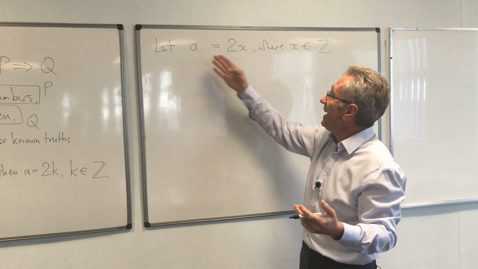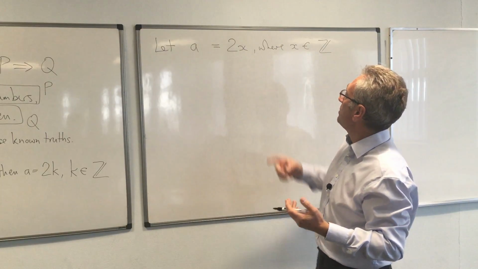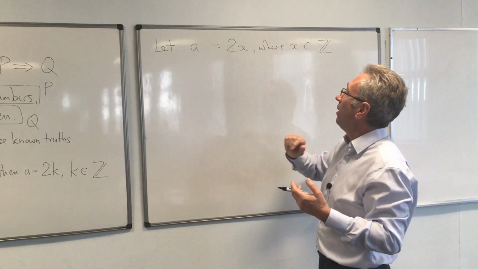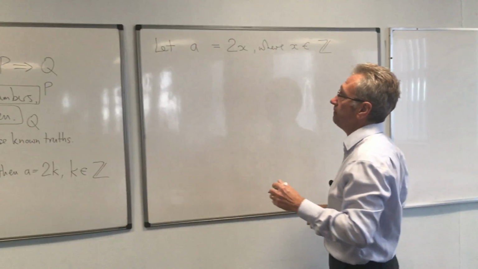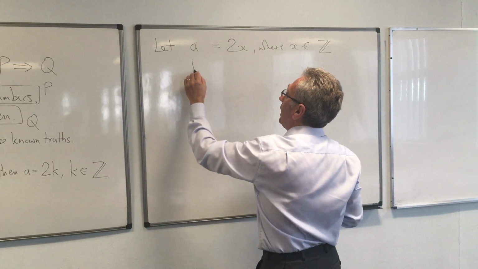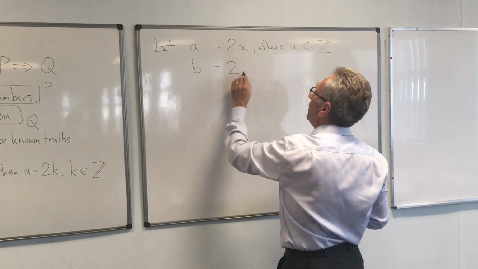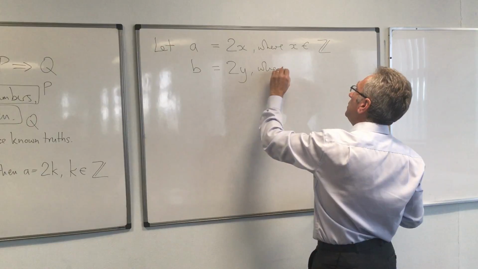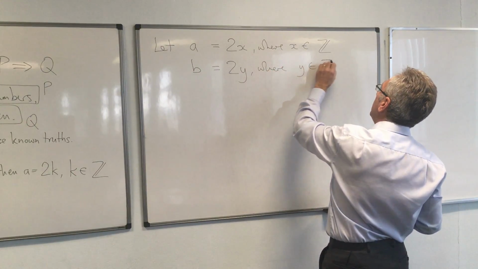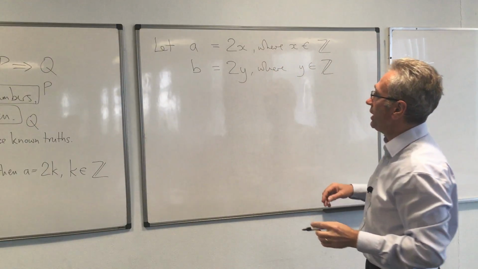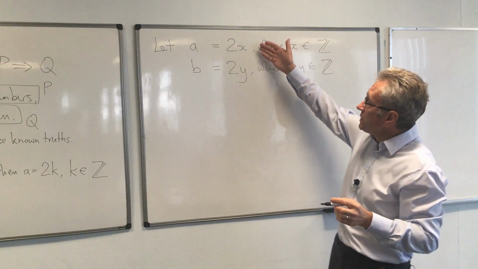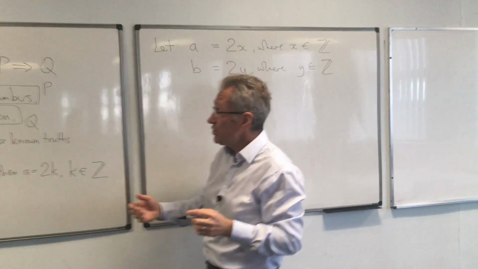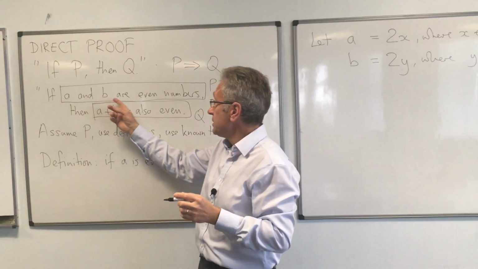So let's let A be written as 2 times x, where x is the appropriate member of the integer set for A. And let's also let B, the other even number, be 2 times y, where y is also a member of the integer set. Now notice I have to use 2 different variables here because I've got 2 different even numbers.